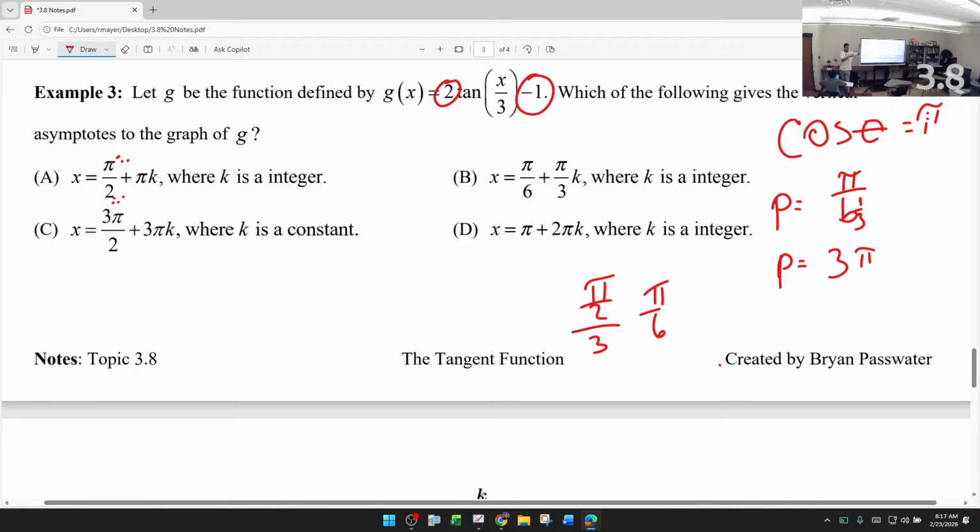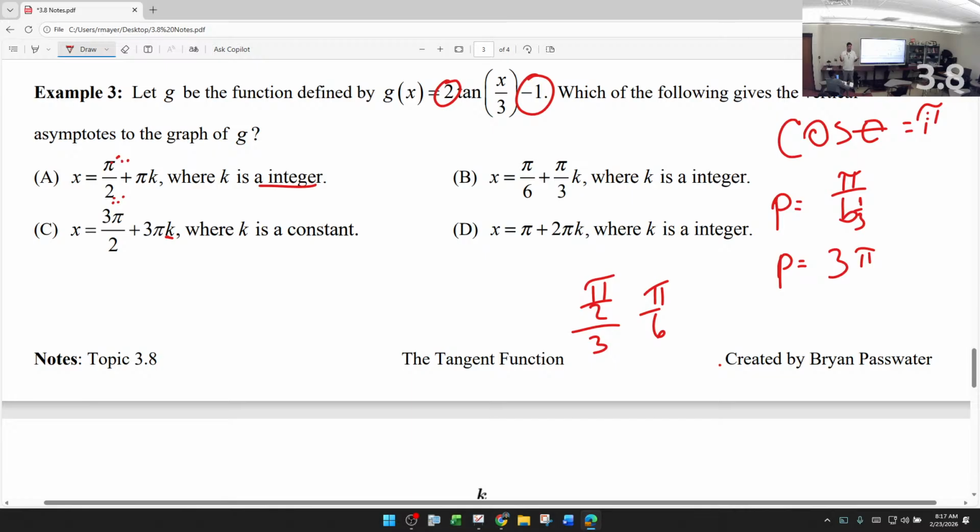So it repeats itself a lot of times, and so k is any integer, meaning 0, 1, 2, 3, 4, 5, 6, 7, -1, -2, -3, -4. So we don't know what k is, but it could be any integer because it repeats itself. It asks which of the following gives the vertical asymptotes. That's all of them. The only way to list all vertical asymptotes is I've got to do that k thing, because k could be any integer, and I can't list them. It's impossible to list them all.